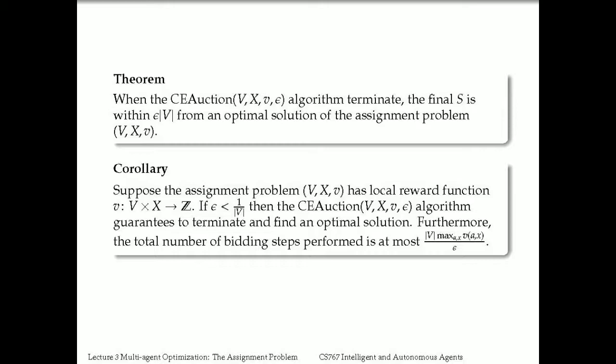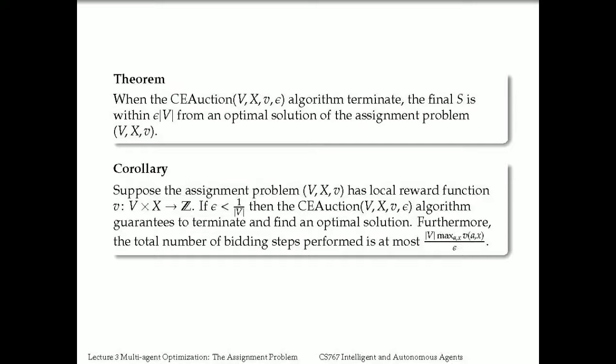But also, suppose now the local reward function maps every pair of agent and item to an integer rather than just an arbitrary real number. So suppose the reward function values are integers, then if we pick a small enough epsilon, we can guarantee that the result will be an optimal solution, right?